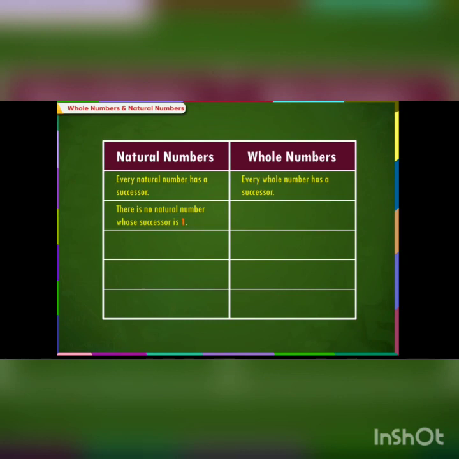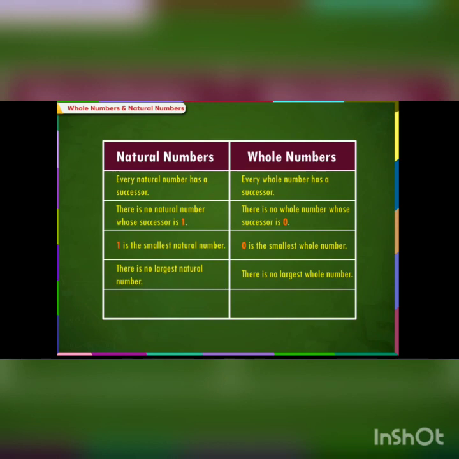There is no natural number whose successor is 1, and there is no whole number whose successor is 0. 1 is the smallest natural number and 0 is the smallest whole number. There is no largest natural number, and similarly there is no largest whole number. 0 is not a natural number, but 0 is a whole number.